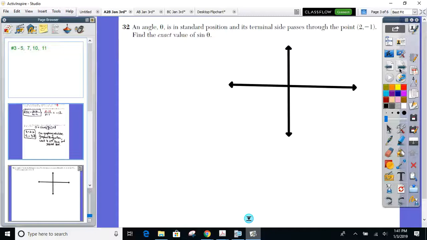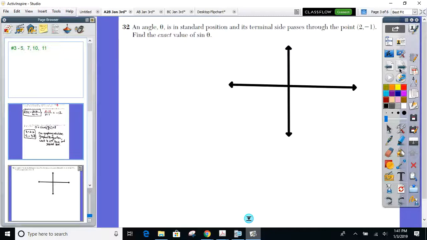Oh, good old days, huh? Terminal side, finding sine. Okay. 2, -1. Somebody tell me, where am I? 2, -1. Where am I? Fourth quadrant, right?